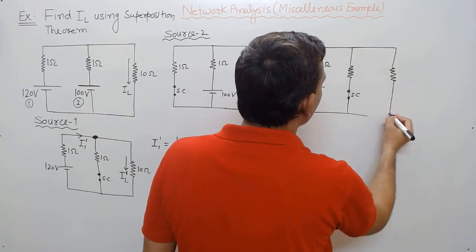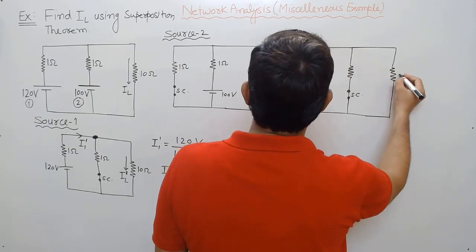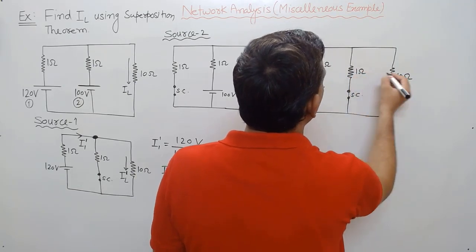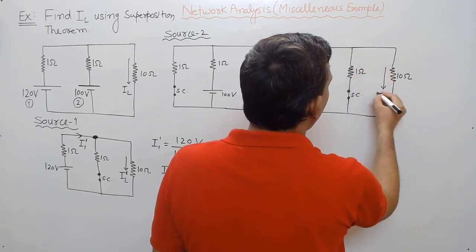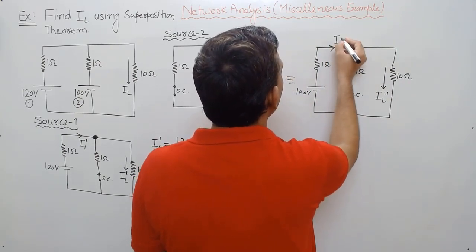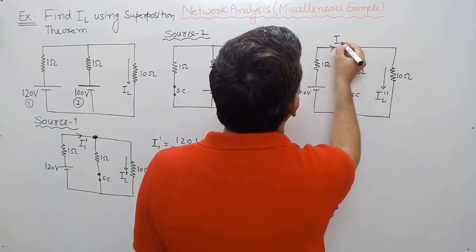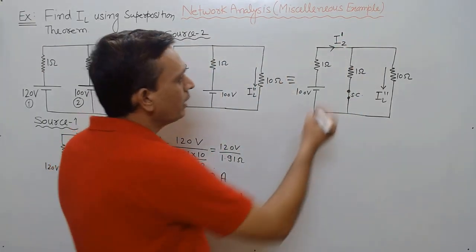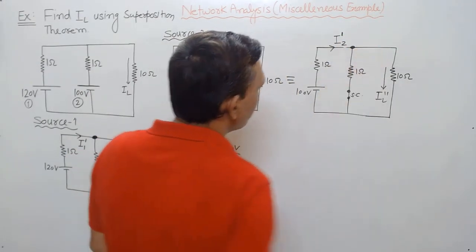And this will be 10 ohm. This is 1 ohm. So this is IL double dash. Assume this current is I2 dash. So if you know I2 dash, again you can apply current division at this node.